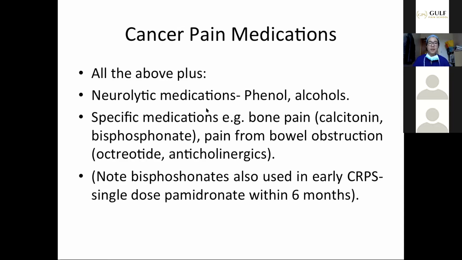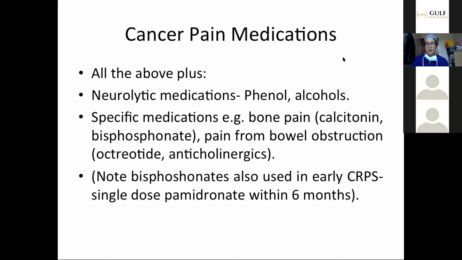And then cancer pain is even more complicated. It's all of the above plus neurolytic medications, and there are some specific medications. For example, for bone pain, you can have a choice of calcitonin or bisphosphonate, or for pain from bowel obstruction, octreotide and anticholinergics.